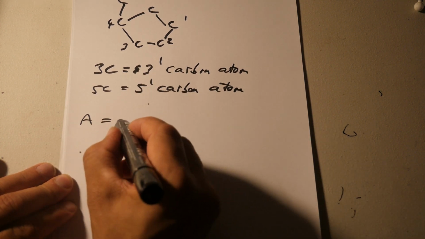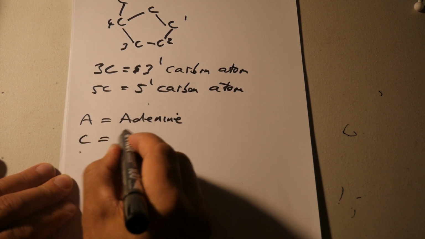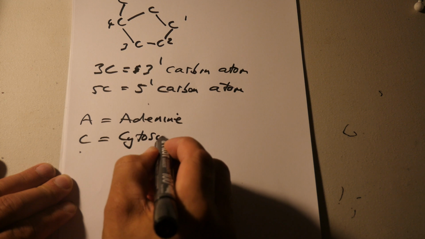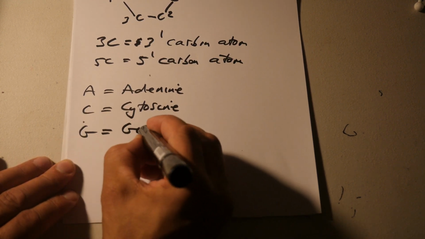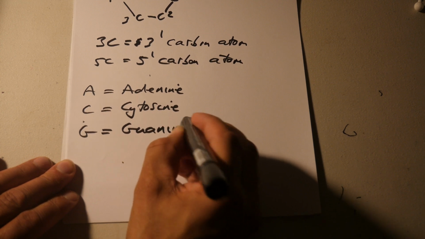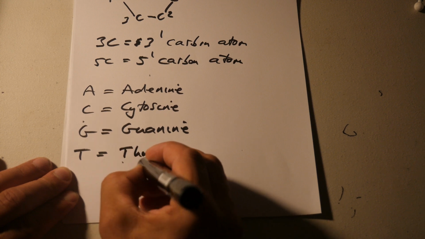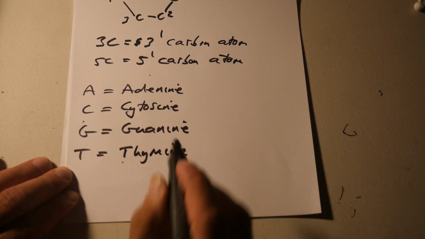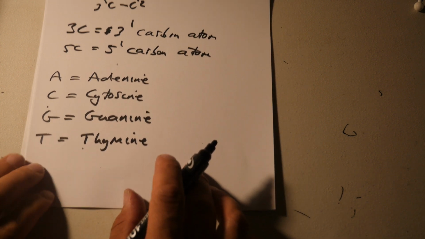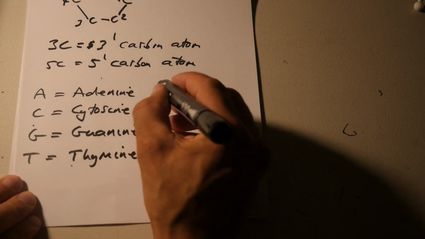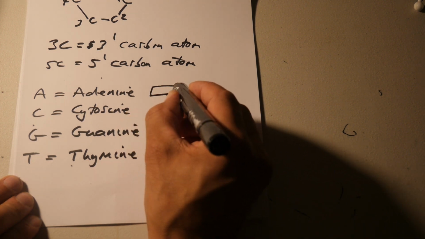A is adenine, C is cytosine, G is guanine, and T is thymine. This is diagrammatic, but these are complementary.